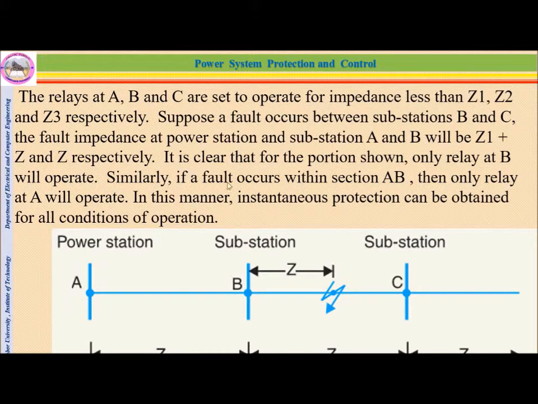Similarly, if the fault occurs between section A and B, then only the relay at A will operate. In this manner, instant protection can be obtained for all conditions of operation. So this distance relay is more important for protection of transmission lines when compared to other mechanisms.